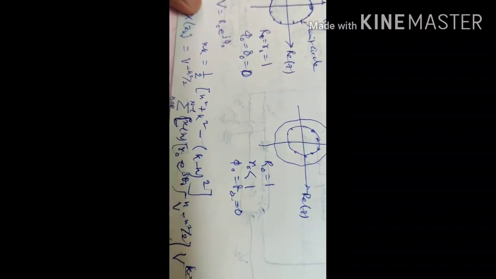Here this point is x(n) into this, so consider this will be Q to the power minus n into W to the power minus n square by 2.